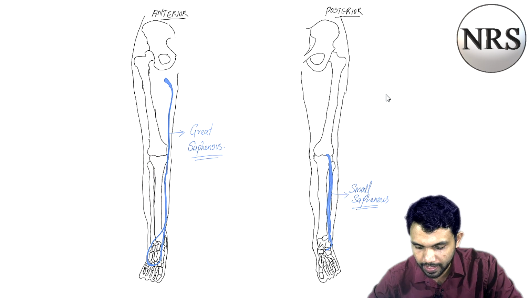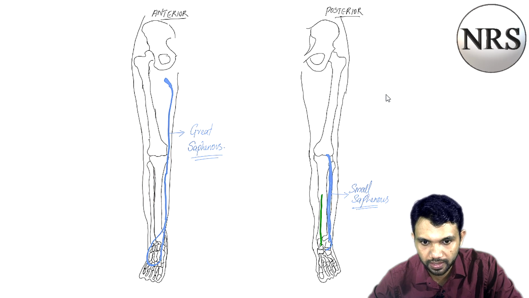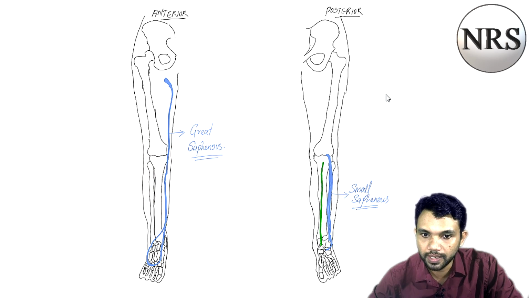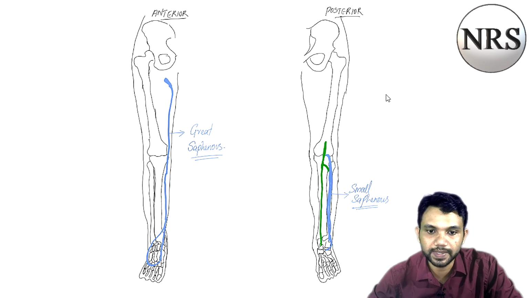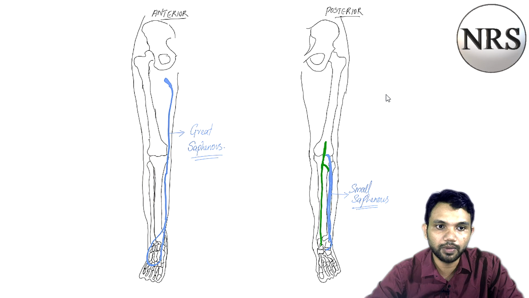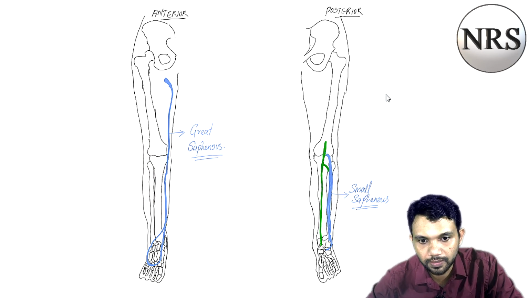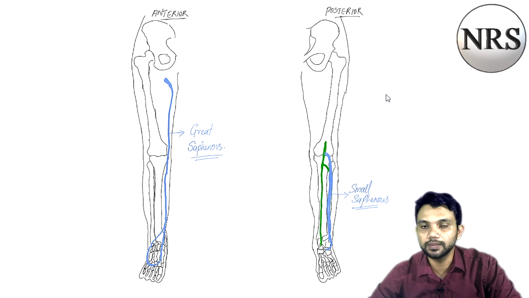The posterior tibial vein joins with the anterior tibial vein somewhere around here, and both of them will enter the popliteal fossa, and this area will be called the popliteal vein. In the popliteal vein, the small saphenous vein will join.